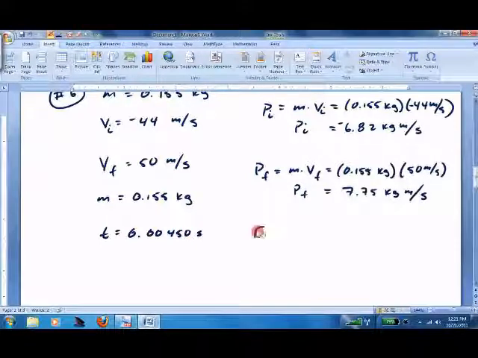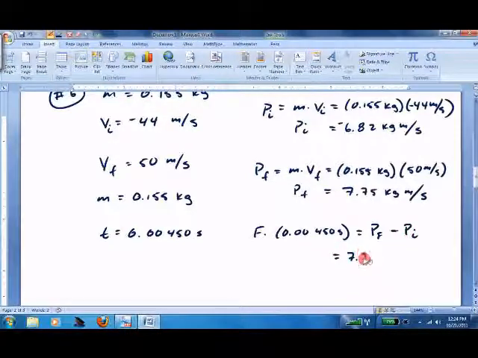So we know that F times 0.00450 seconds equals... Now I'll write it out first. The final momentum minus the initial momentum, 7.75 kilogram meters per second, minus negative 6.82 kilogram meters per second.